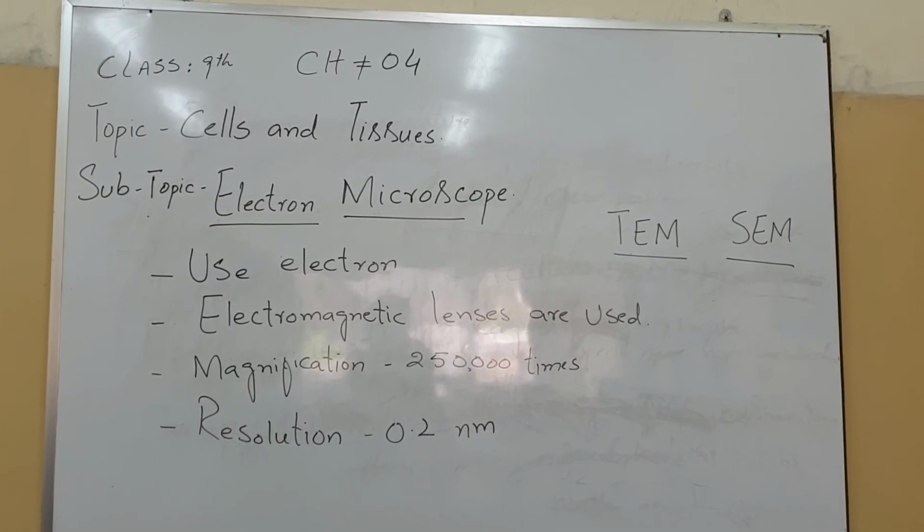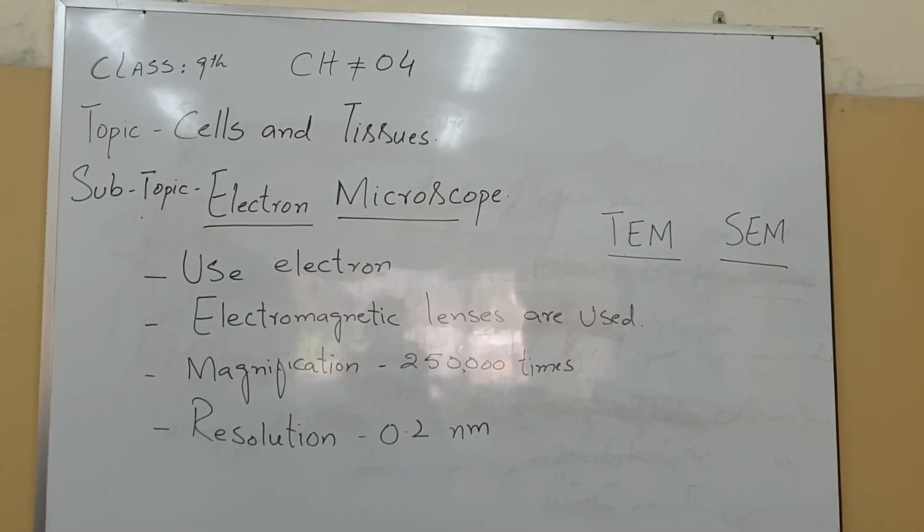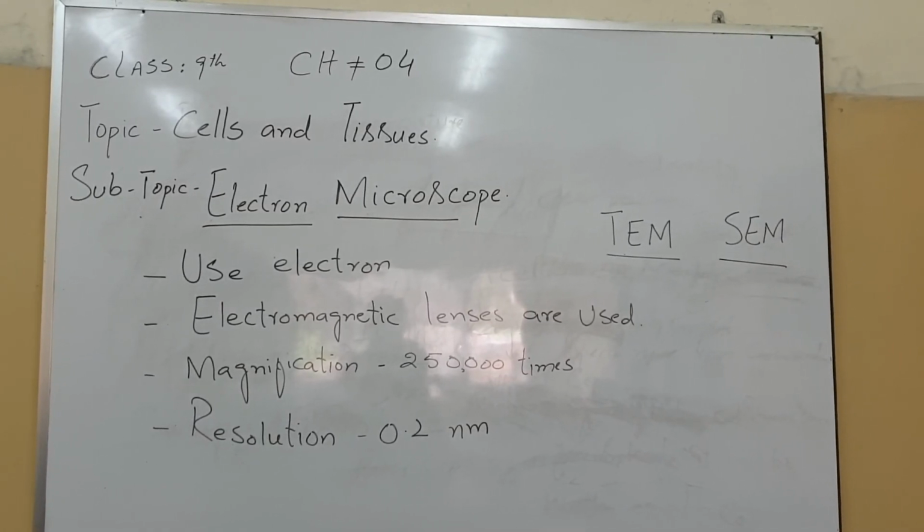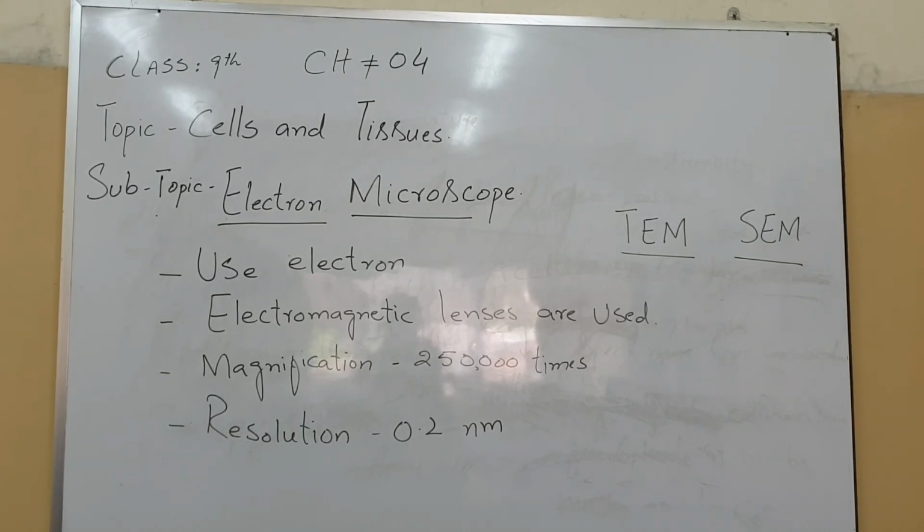The other microscope is the electron microscope. As the name mentions, here electrons are used as a source of producing images of very nano or very small objects. The characteristics of the electron microscope are as follows. First of all, electrons are used as a source of producing an image.